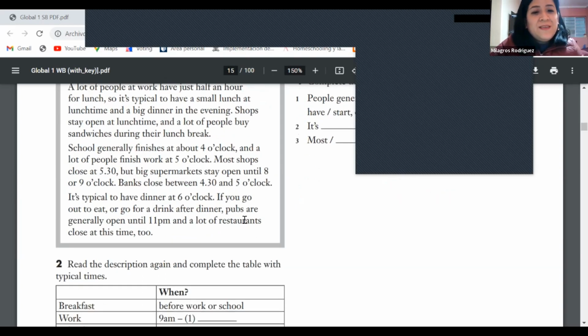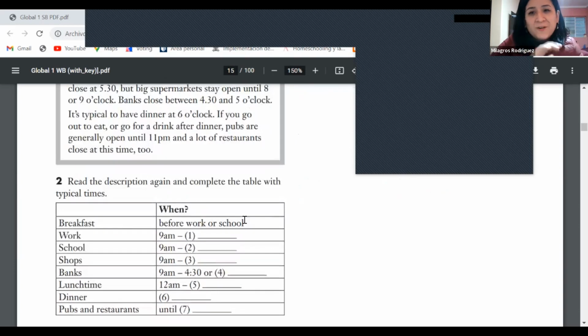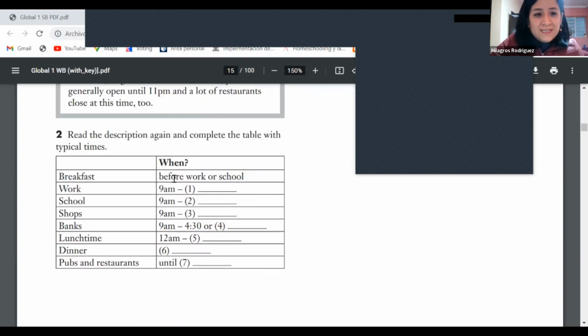So now we're going to read the description again. Well, we're not going to read the description again because we have summarized some ideas from the text, but we're going to complete this chart with the times. For example, the people in the UK, if you have good memory, right? The people in the UK, of course, have breakfast before work or school.